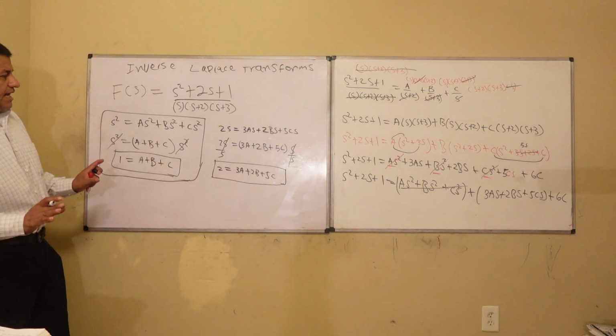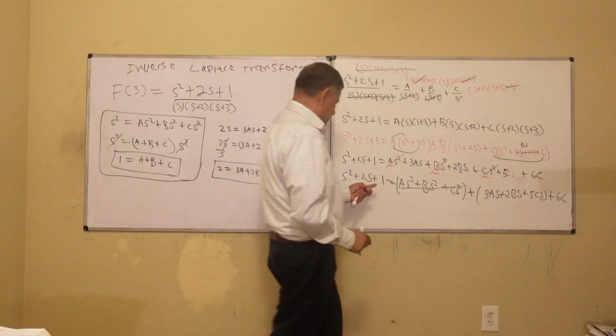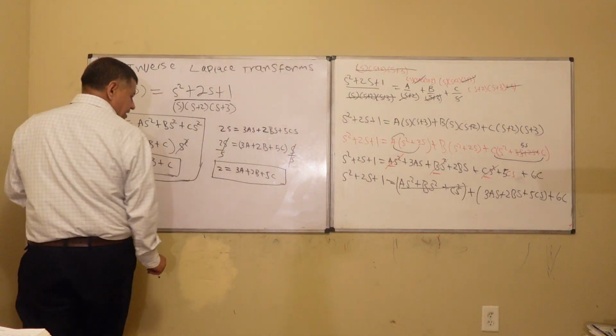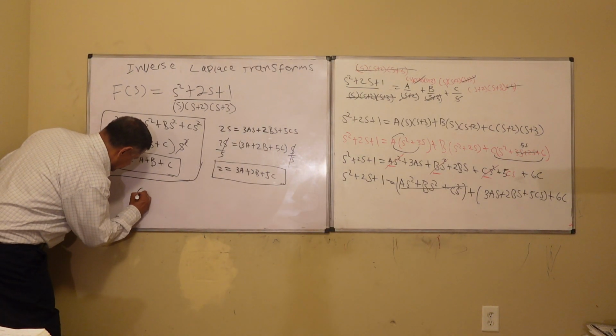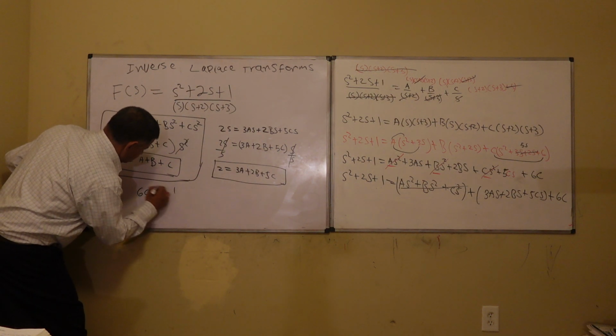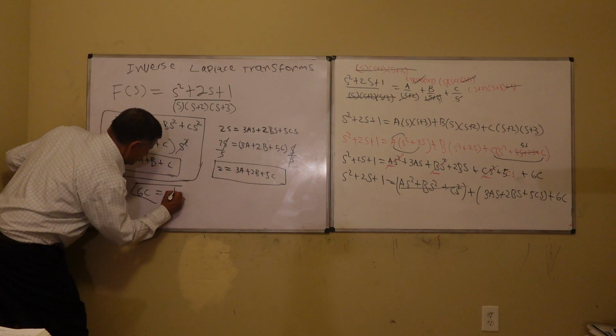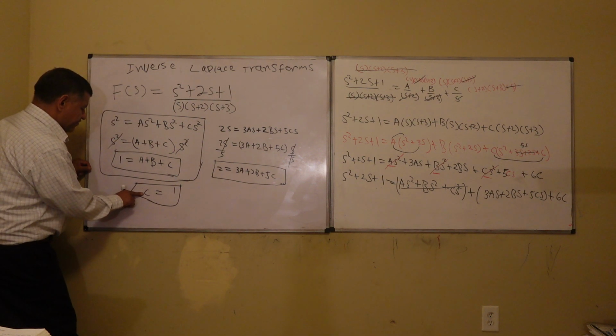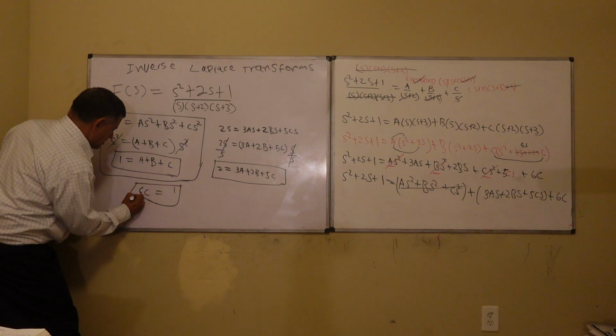Now, last but not least, we need to equate the constant, right? That is a piece of cake, because that is 6C is equal to 1, right? So we have 3 equations, with 3 unknowns, and we need to find those 3, right?